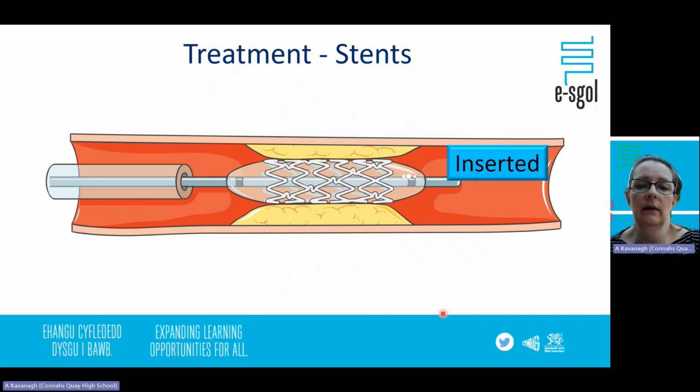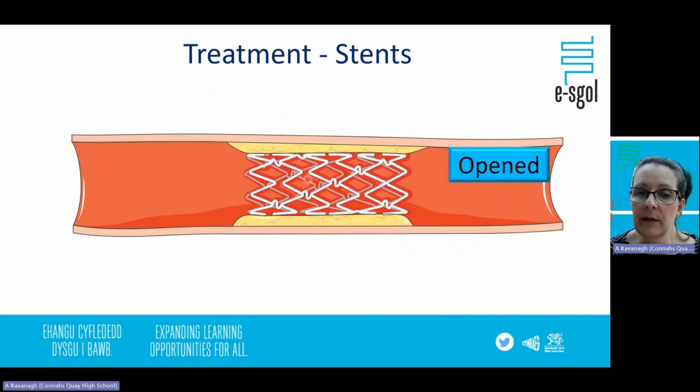And we can treat this by taking medication. So you may have heard of statins that might be able to help with that. But also here, we can insert something called a stent. So if we look at this artery here, we've got our atheroma buildup here at the top and the bottom. And this shows the process of inserting a stent in between these two atheroma plaque buildups.